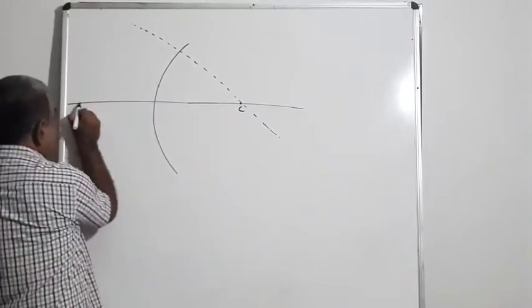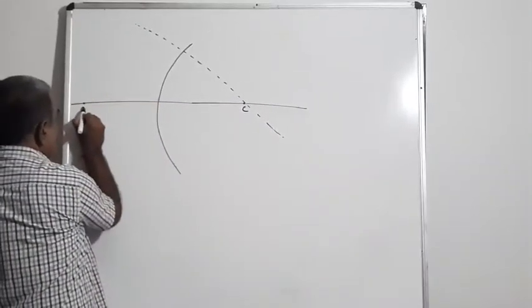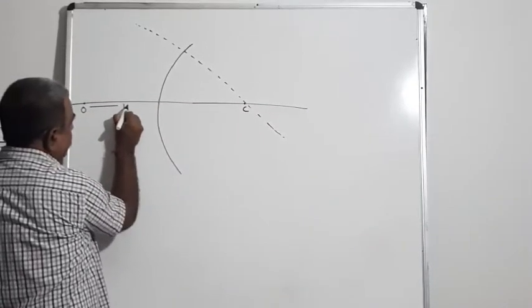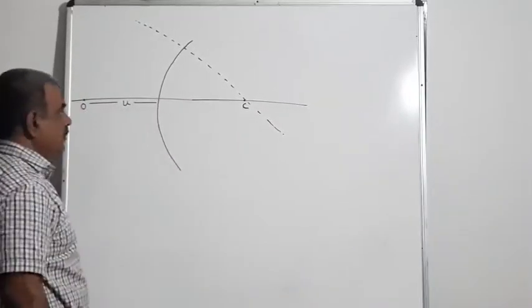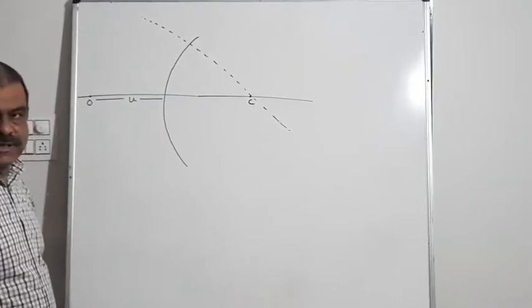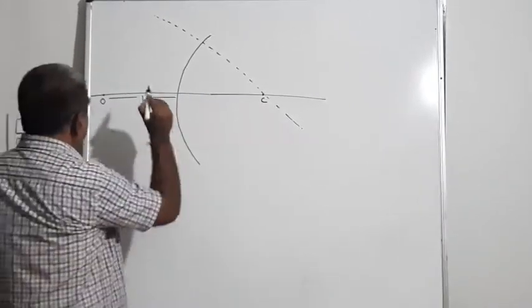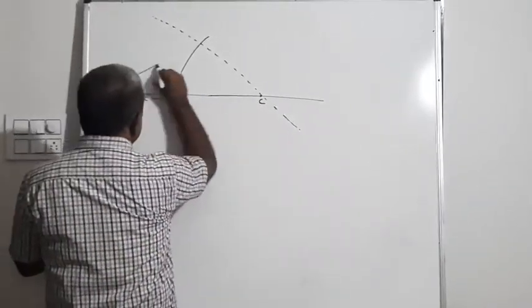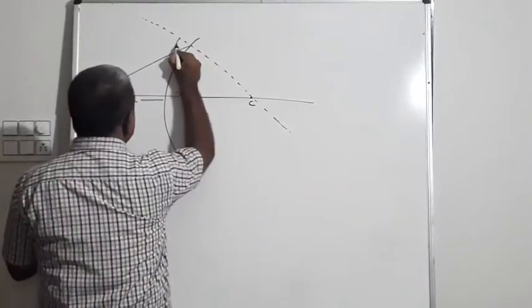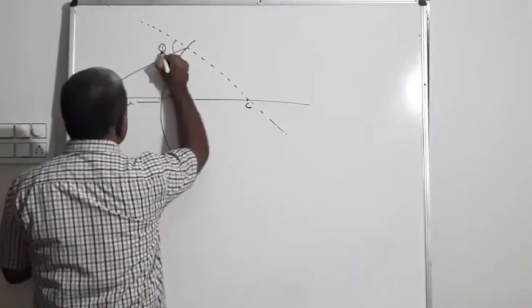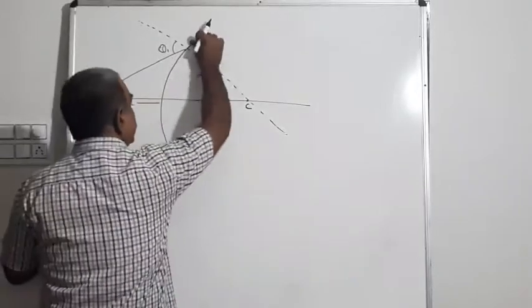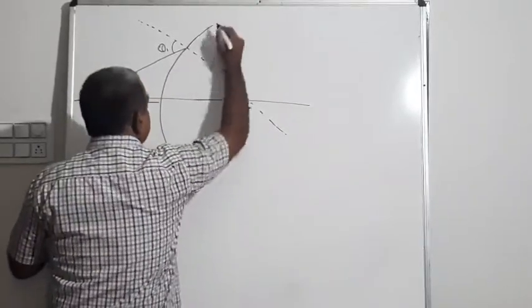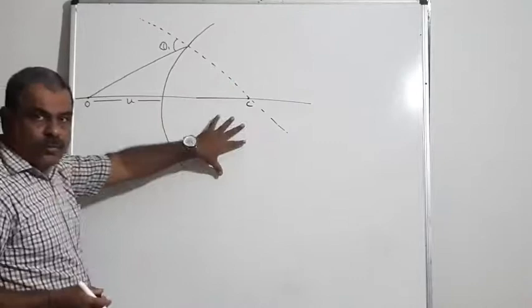Now take a point-like object O which is kept at distance u from the pole of the surface. A light ray is incident at a certain angle theta 1. See, this surface divides two media.